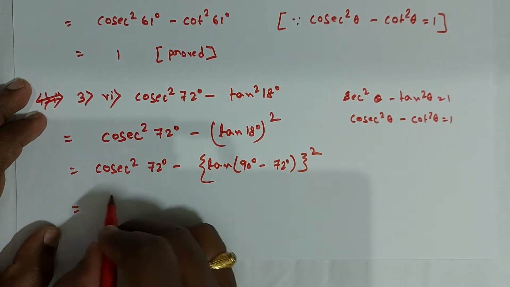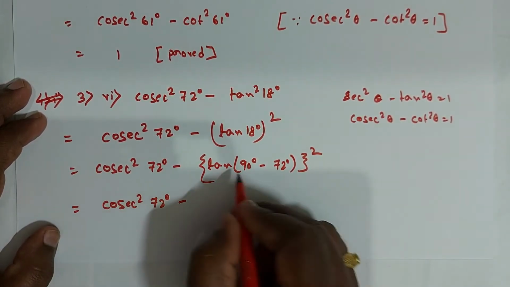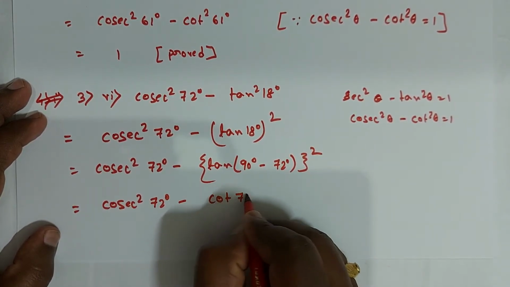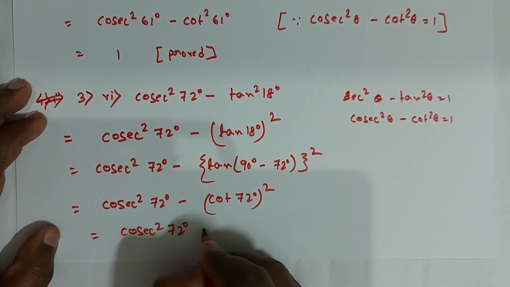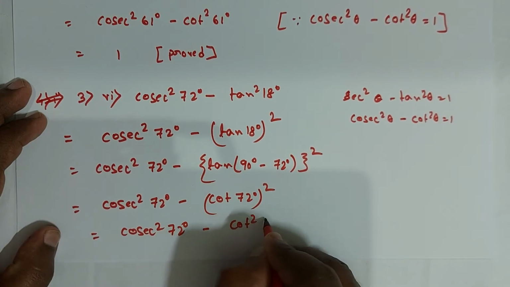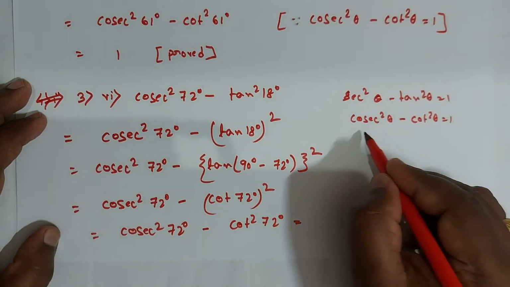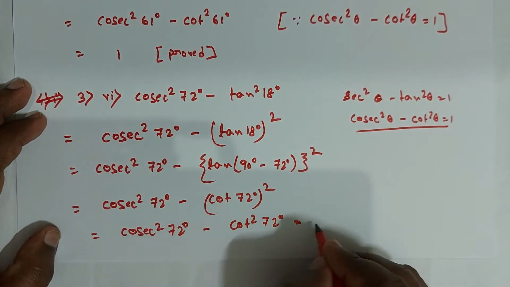So cosec square 72 degree, then minus tan of 90 minus theta, that means cot theta. So cot of 72 degree whole square, equals cosec square 72 degree minus cot square 72 degree. Now this formula we will apply, cosec square theta minus cot square theta is 1. So here it will be 1.